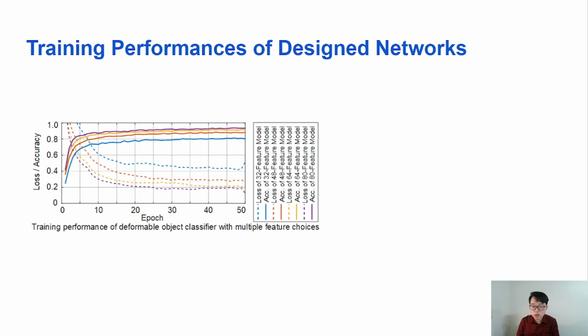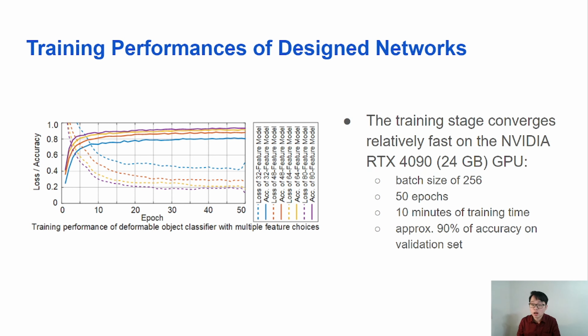We will talk briefly about the training performance of the designed network. The network is trained on an RTX 4090 GPU with a batch size of 256 in 58 epochs, and the training takes only about 10 minutes, which is very fast.